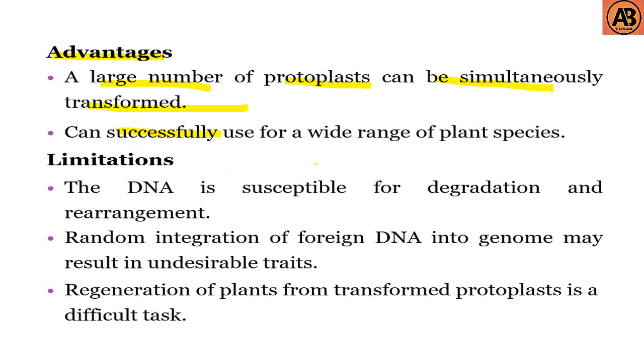It can be successfully used for a wide range of plant species. And what are the limitations of PEG? The DNA is susceptible to degradation and rearrangement. Random integration of foreign DNA into the genome may result in undesirable traits. Regeneration of plants from transformed protoplast is a difficult task.